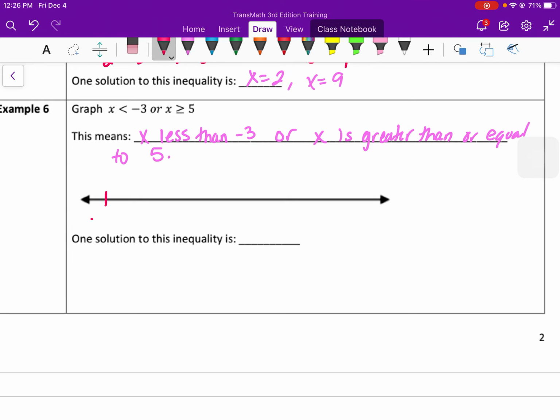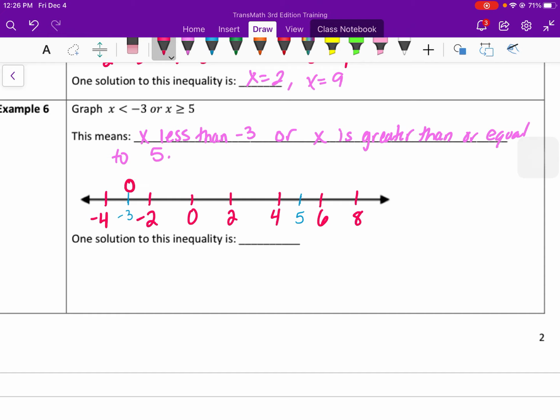So I'm going to start with negative 4, but I'm going to count by 2. So it'd be negative 4, negative 2, 0, 2, 4, 6, 8. So then negative 3 would be right here, and positive 5 would be between 4 and 6.